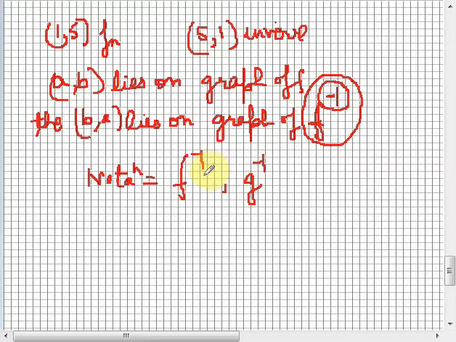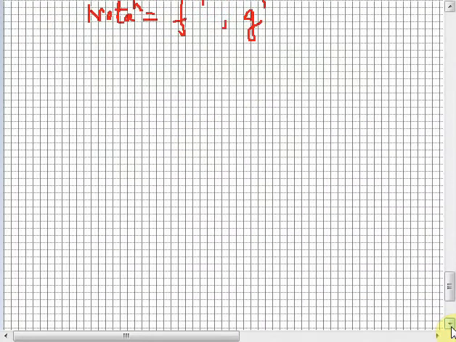And what is the property? Graphically, what is meant by the inverse? Suppose this is our coordinate axis, with the y-axis and the x-axis, and we draw the line x is equal to y, that is at 45 degrees.